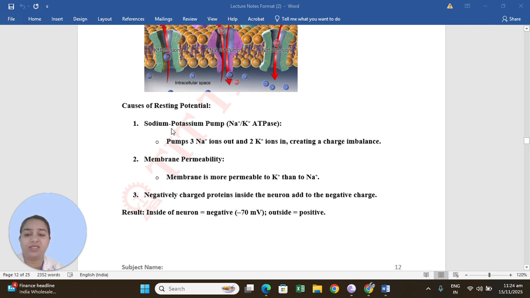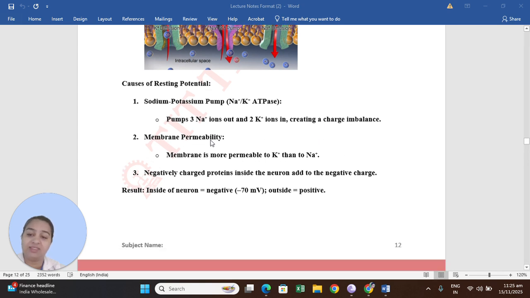The cause of resting potential is the sodium potassium pump. As I explained, 3 sodium ions go out and 2 potassium ions come in, creating a charge imbalance. Membrane permeability: the membrane is more permeable to potassium than to sodium. That means it will allow potassium exchange fast as compared to sodium.